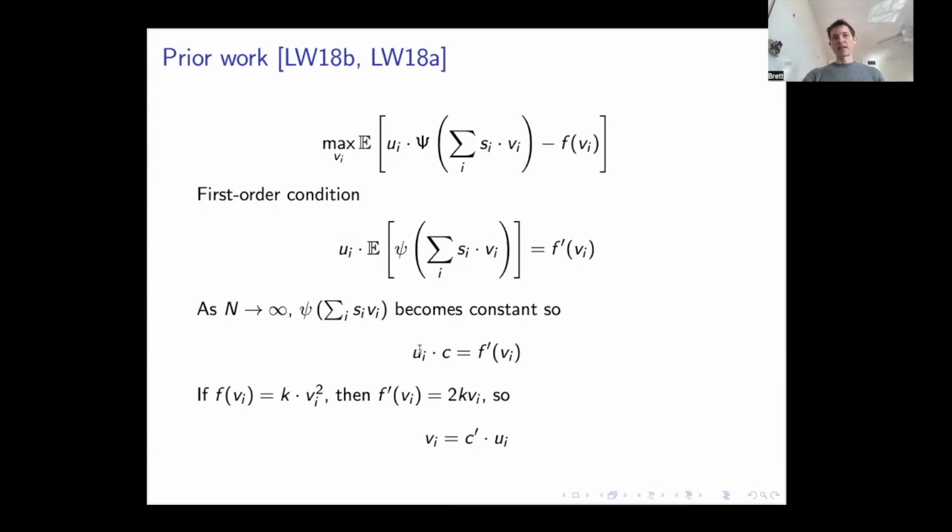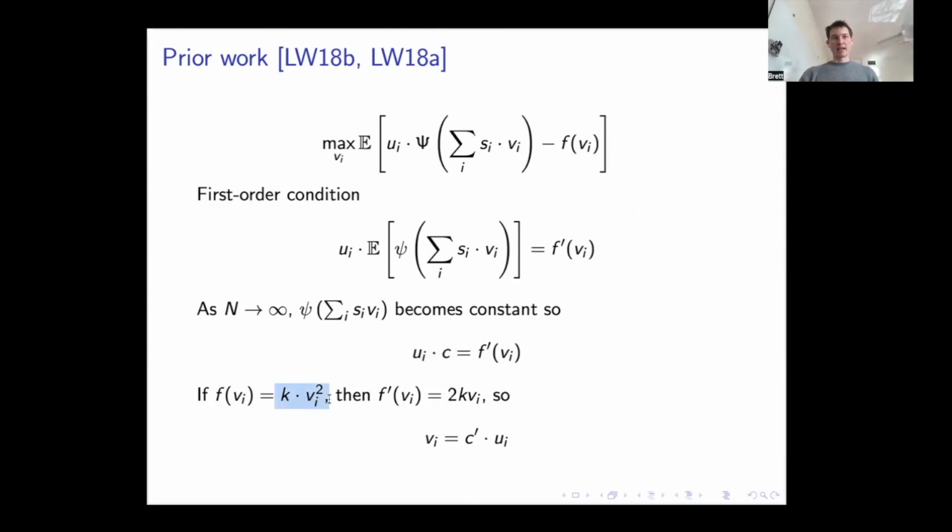That intuition says this expectation doesn't depend on your V_i, and so this derivative should be a constant, and that's exactly what you want in order to minimize the inefficiency from the previous slide.